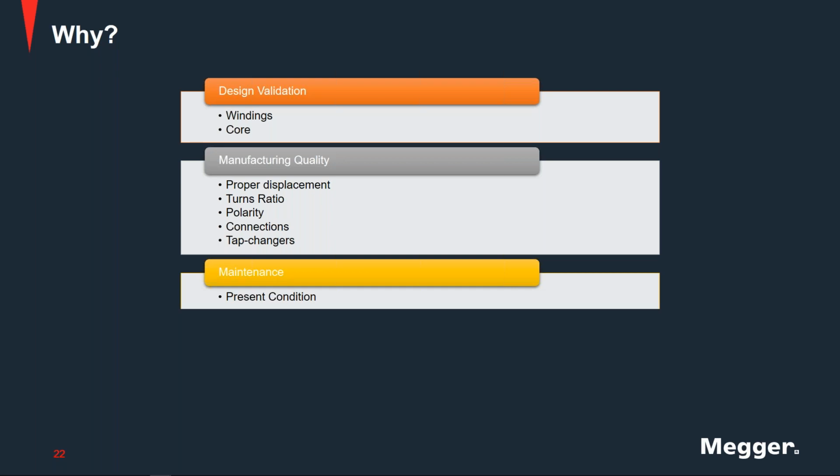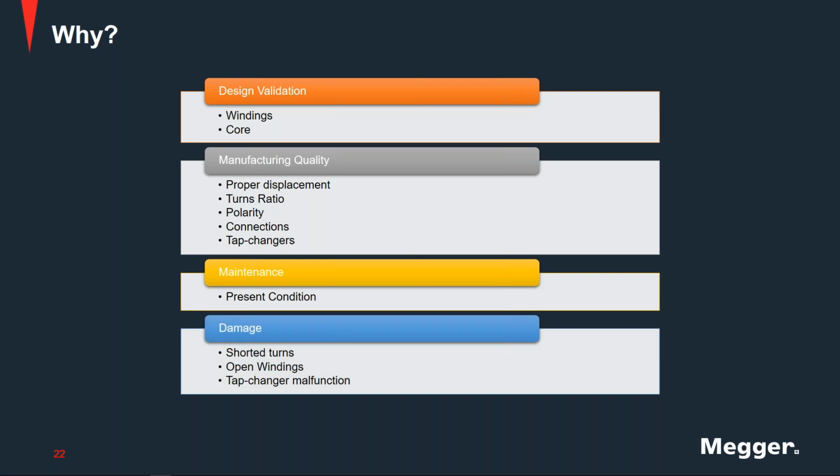When you're doing your routine maintenance, of course, you want to verify to your previous measurements, make sure that nothing has changed over time. And then if damage is suspected, you can look for shorted turns, open windings, or again, tap changer malfunction if you see no continuity during your turns ratio testing. So that is the when and the why.